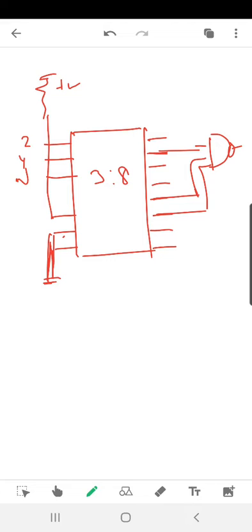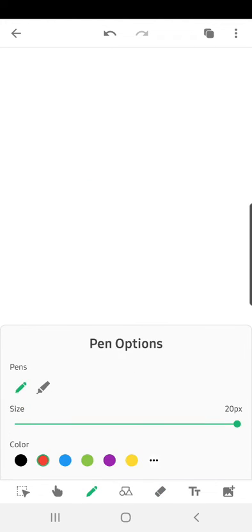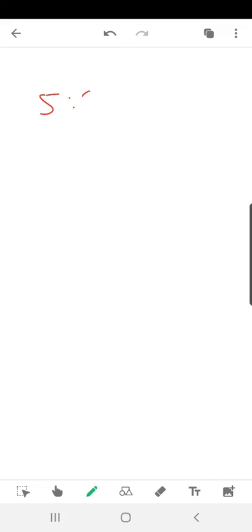5:32 decoder. Now the 5:32 decoder is again a decoder which we will implement. We will have 5 inputs and 32 outputs. If I take 3:8 decoders, we will have 3 plus 3 plus 3, and then another decoder.